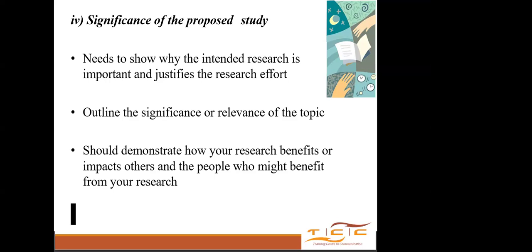So we are looking at significance and justification of the study. And the two issues answer the question why. So for me, I'd say significance of the study addresses the question, why are we conducting this study?